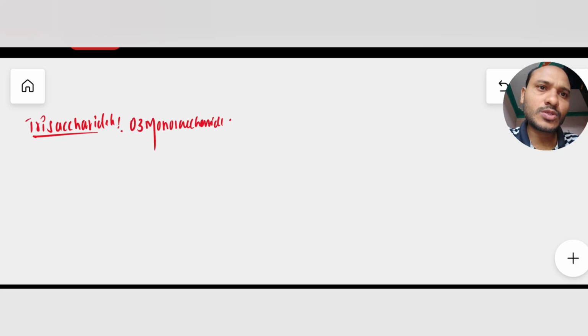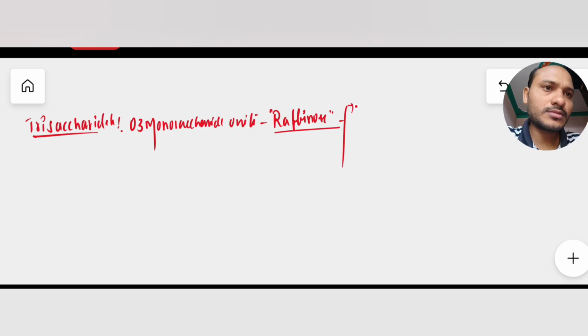Next, trisaccharides. Trisaccharides are formed by 3 monosaccharide units. The best example is raffinose sugar, which is formed by 3 monosaccharides. What are these 3 monosaccharides? Very important: glucose, fructose, galactose.